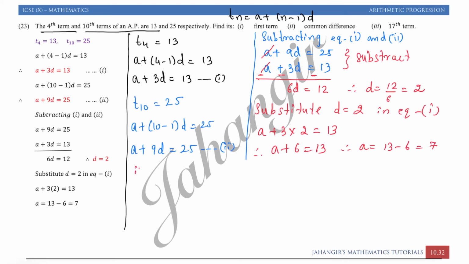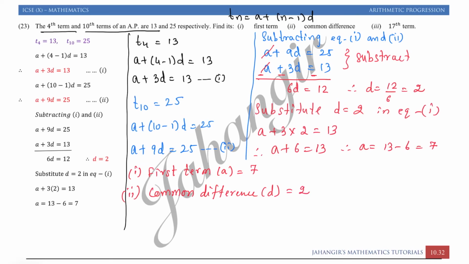So the first answer was the first term. You have to write in proper format. First term A is equal to 7. Common difference, that is D, which is 2.